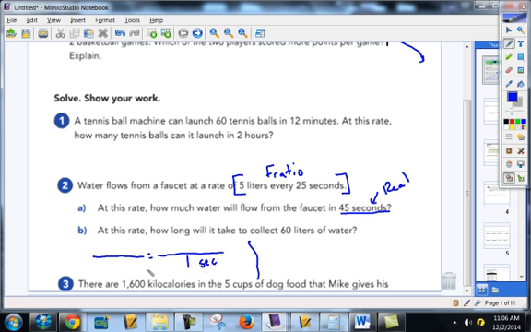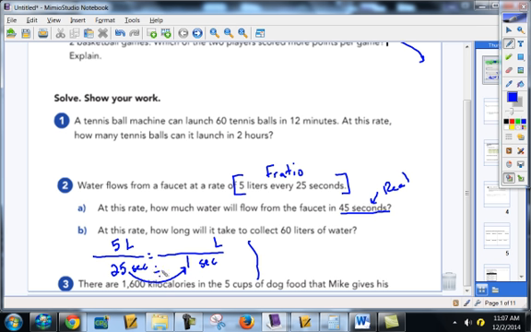Because I know that my fake ratio is 5 liters in 25 seconds. I know that I can get from any number to 1 by just dividing the number by itself. And then I know I can get to any number from 1, in this case trying to get to 45, by just multiplying by that number. So that's why we do unit rate.